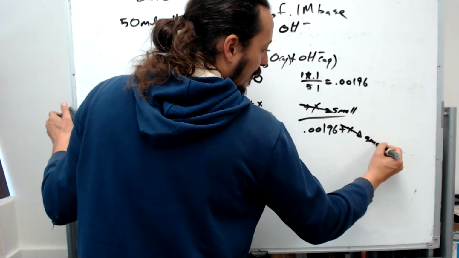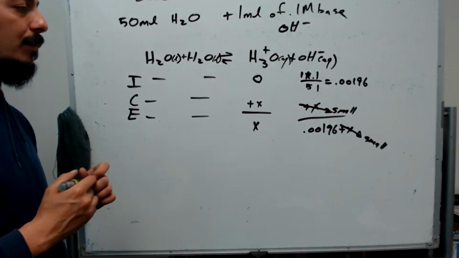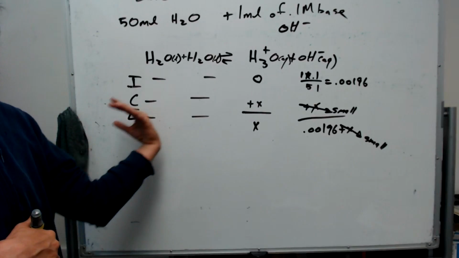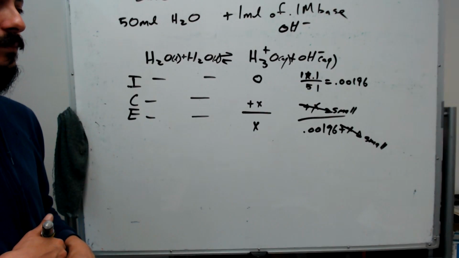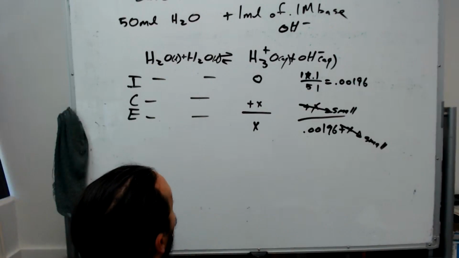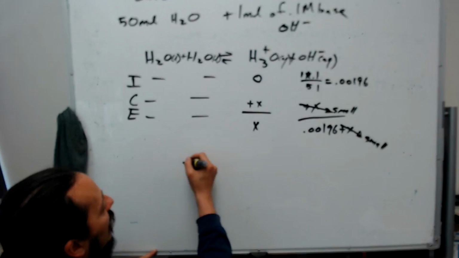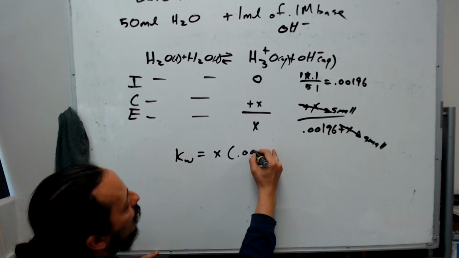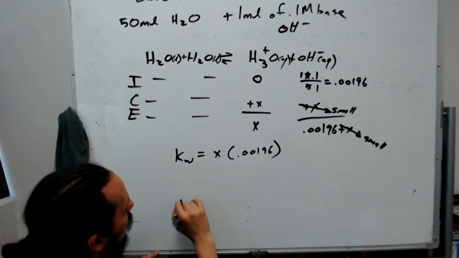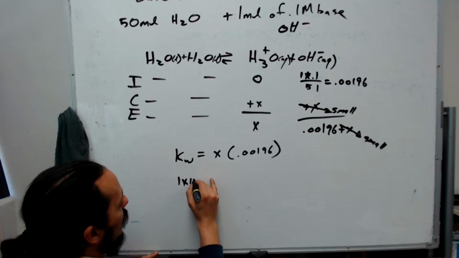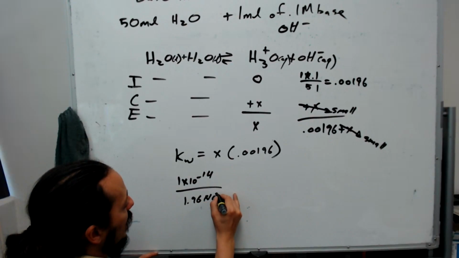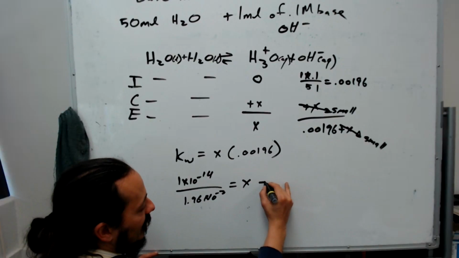So right now, what I just did in this x is small approximation, I just said water doesn't contribute, right? Because I'm looking at the equilibrium of water, I'm saying it doesn't matter. Let's find out if that's a good approximation. So I'm going to have Kw equals x times 0.00196. This is going to be 1 times 10 to the minus 14 divided by 1.96 times 10 to the minus 3 is equal to x.